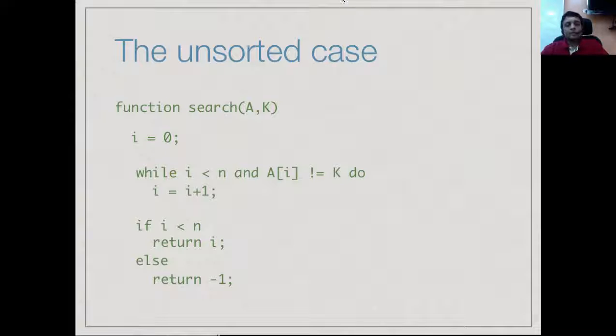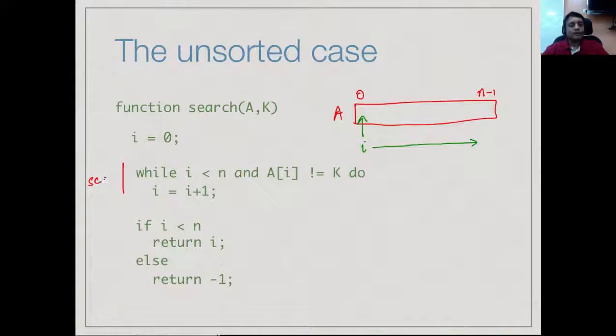So in the unsorted case, we have no choice basically. We have a sequence A which runs from 0 to n minus 1. So we must look at all the values because we have no idea where k may be. A systematic way to do it is to start with position 0 and just scan all the way to n minus 1. So we have this loop here which scans.